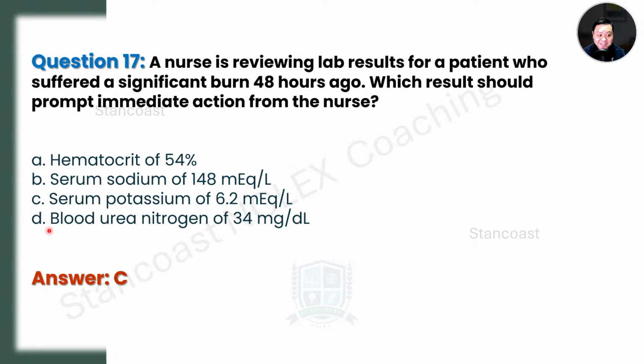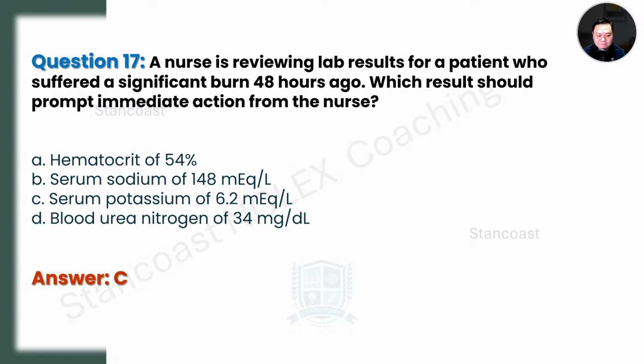If you selected letter D, blood urea nitrogen of 34, our value ranges from 7 to 20 milligrams per deciliter. 34 is above the normal range, and this level indicates that there is dehydration. But do you think that this is much more urgent compared to the potassium, which can affect the cardiac rhythm? We're going to select potassium, which is 6.2.